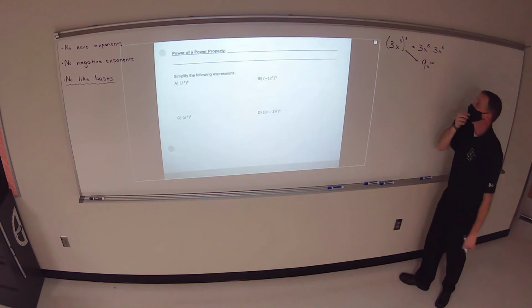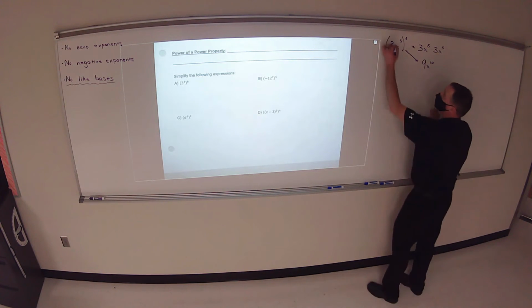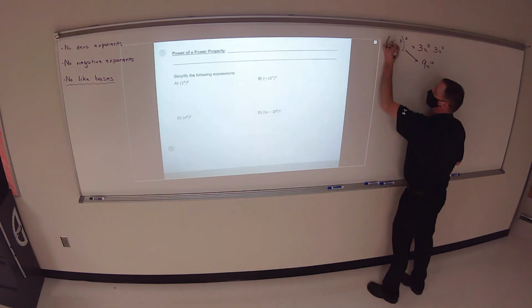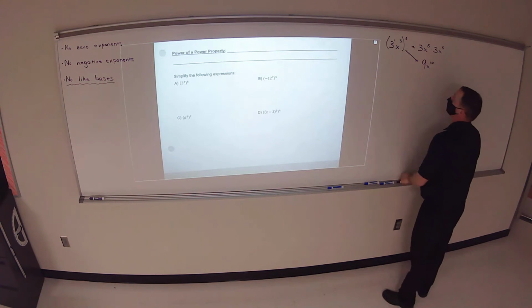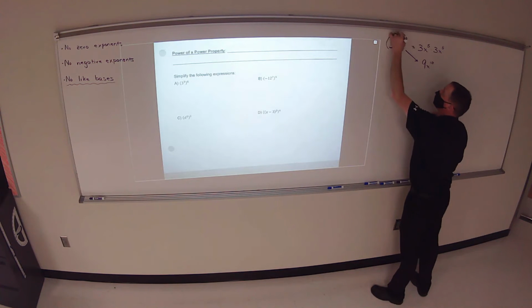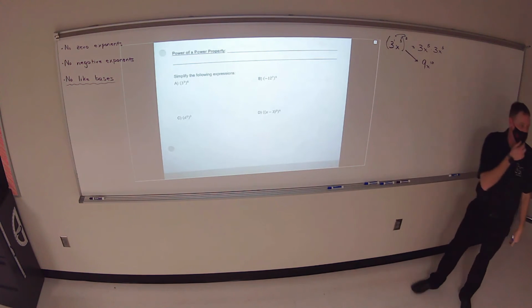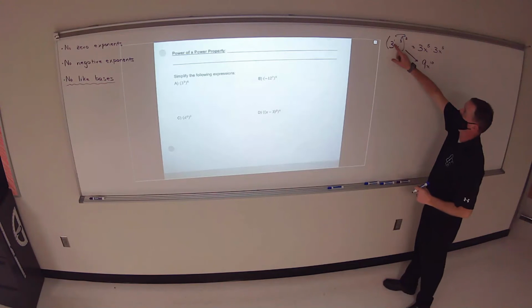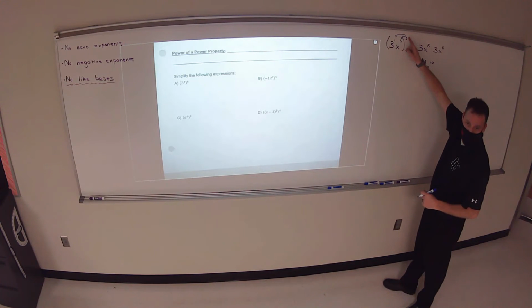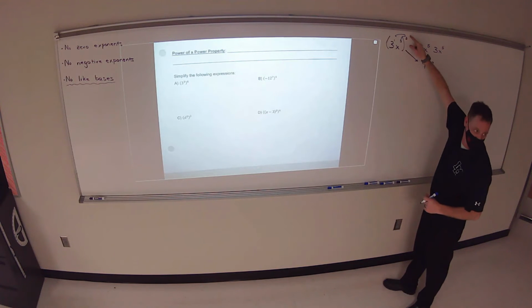Okay? Here's where. Think of this as a 1 right here, because it is a 1, isn't it? This exponent outside the parentheses goes to every piece that's inside my parentheses. So this is a power raised to a power.